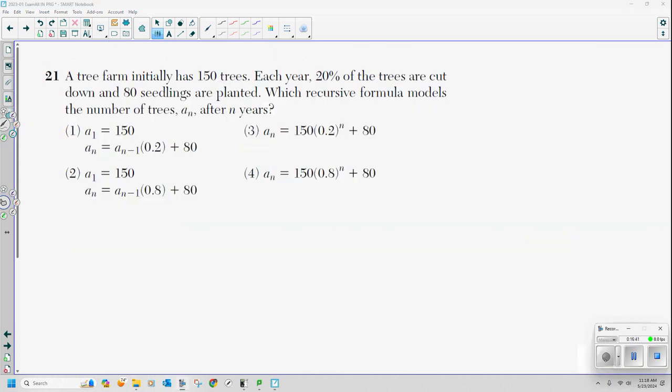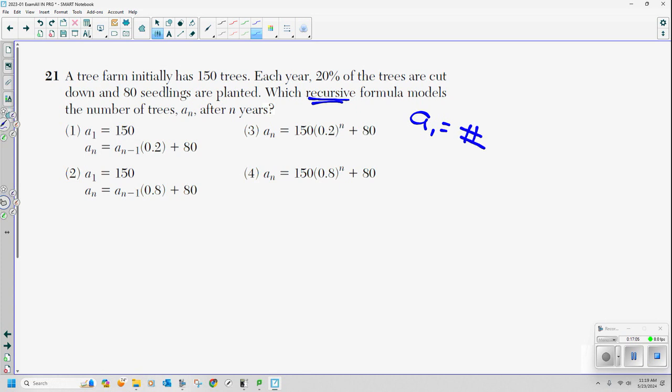21. A tree farm initially has 150 trees. Each year, 20% of the trees are cut down and 80 seedlings are planted. Which recursive formula models the number of trees, A sub n, after n years? First of all, I tell my kids, if it's recursive, they have to give you a1.